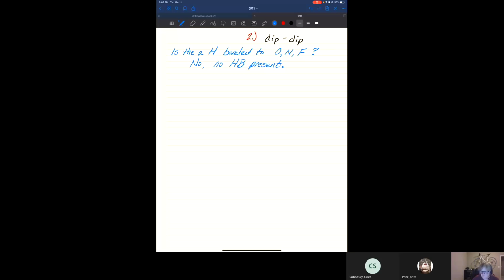Now, lab is set up to give you some hands-on experience with it. And the text has some good information as well. But I'm going to go ahead and leave you with those pieces to work through yourself. And like I said, when we come back together, we'll start on gases and go from there.